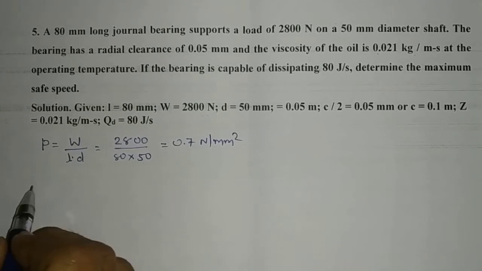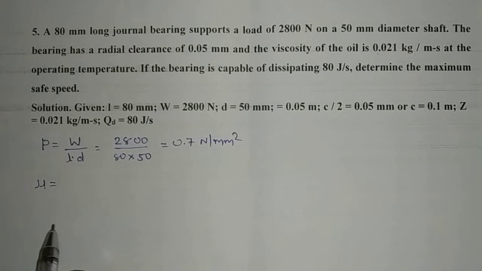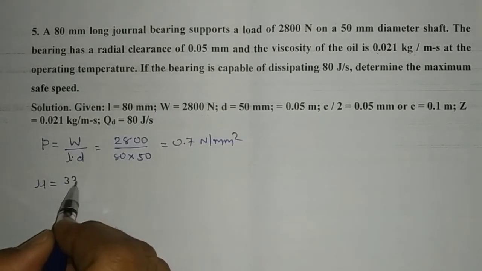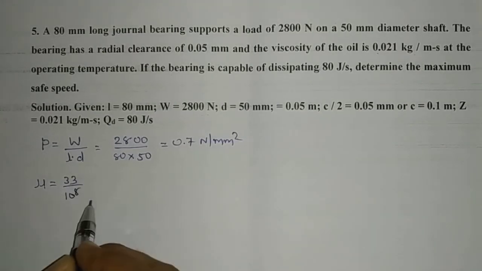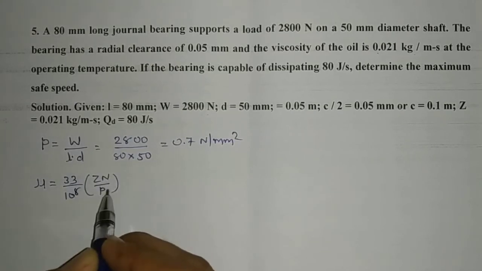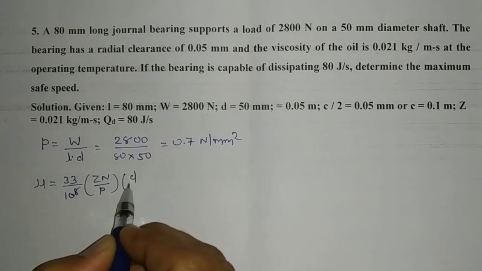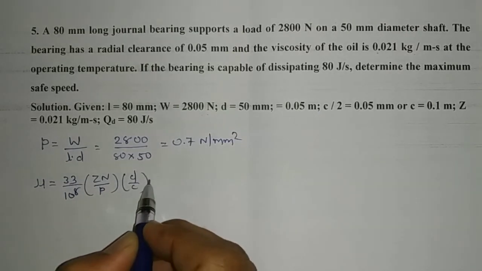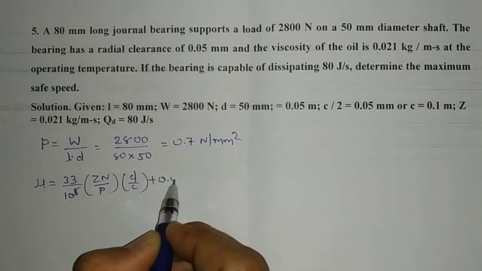Now coefficient of friction mu. Coefficient of friction mu is equal to 33 upon 10 raised to 8 into ZN by P into D by C, plus 0.002.